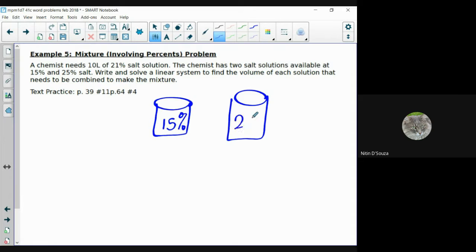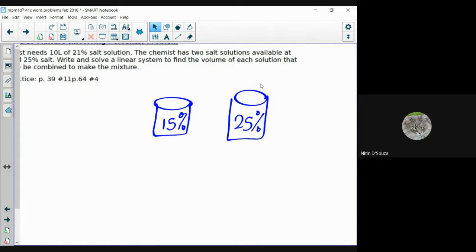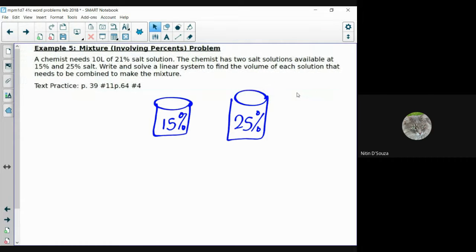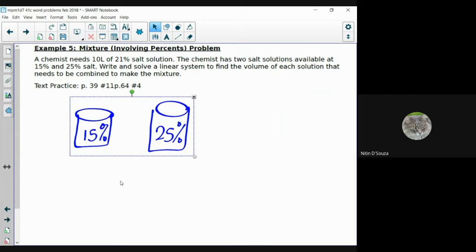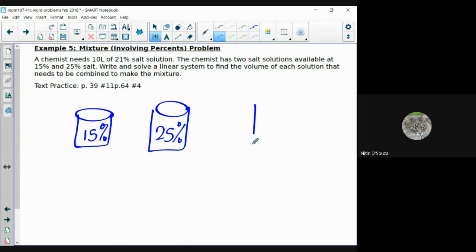This one is 25%. So those are the three jars.